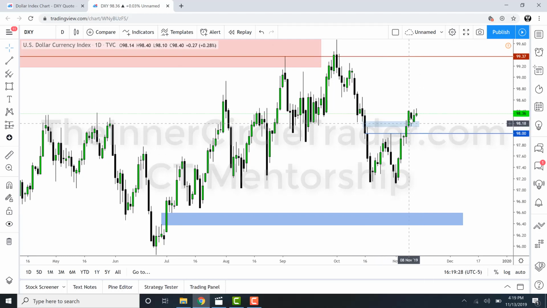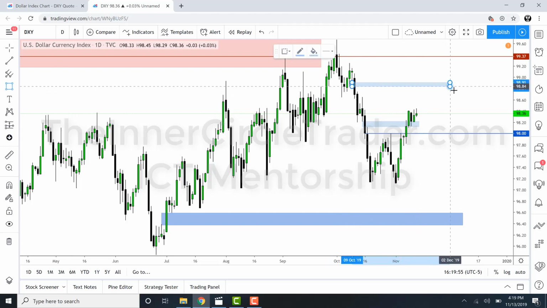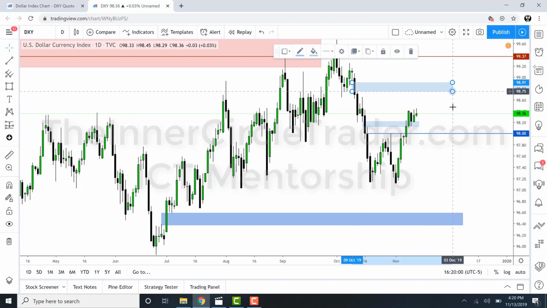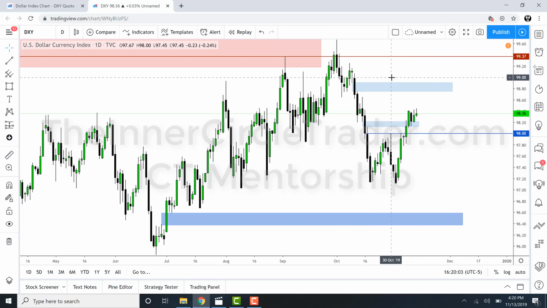You can see price traded through that previous week's Friday, traded down on Monday, came down into almost complete closure of it again, rebalance, and then yesterday we had a nice little run higher, and now we're sitting here. So we're looking for the likelihood of a run up into this imbalance right here. I'll highlight that. We're looking for this as a potential upside.